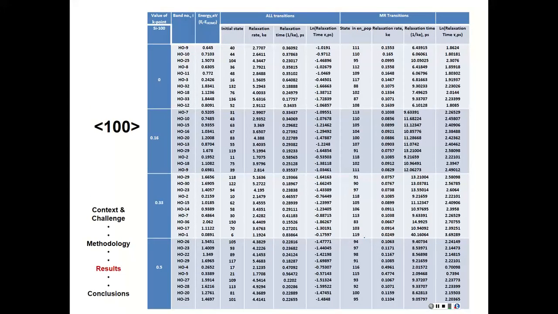LUMO plus 27, I just wrote it randomly. It's 27. HOMO minus, suppose it's 20. So this is silicon 100. Now silicon 111, LUMO plus 15. And for this one, it is not solved yet.